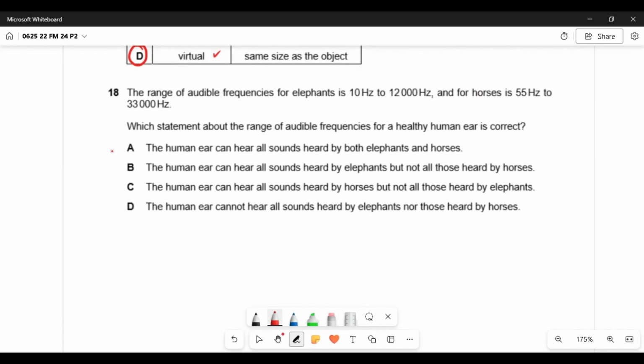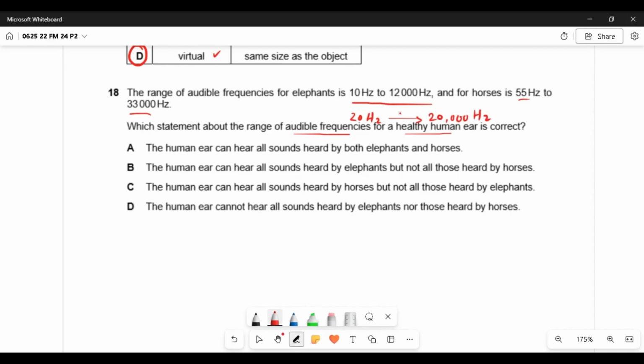Number 18, the range of audible frequency of the elephants is 10 hertz to 12,000 hertz. Horses is 55 hertz to 33,000 hertz. Which statement is correct about the range of audible frequency for the healthy human ear? We know that for the human it is from 20 hertz till 20,000 hertz.